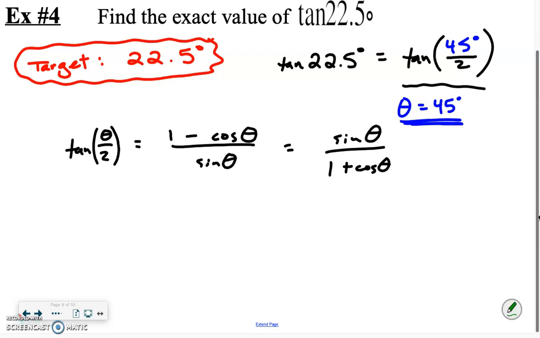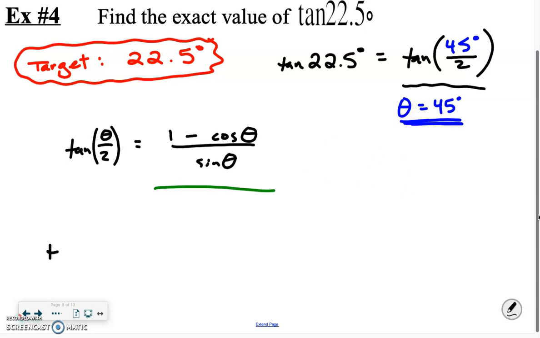Do we want to use 1 minus cosine theta over sine theta, or do we want to use sine theta over 1 plus cosine theta? While it doesn't really matter in the sense that we're going to get the same correct answer either way, I guess the advantage that I have is the fact that I've done this problem before, and I think it's going to feel a little bit easier to utilize this first. So for that reason, I'm going to go ahead and drop that second.